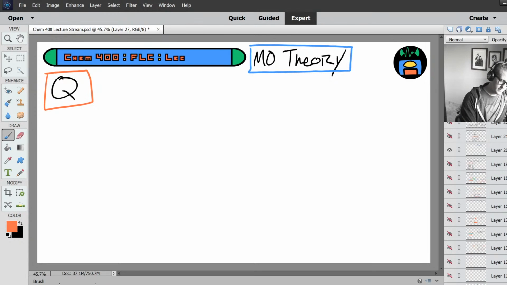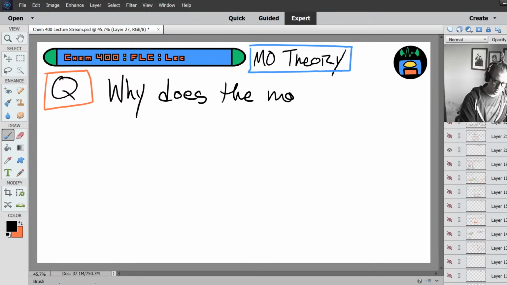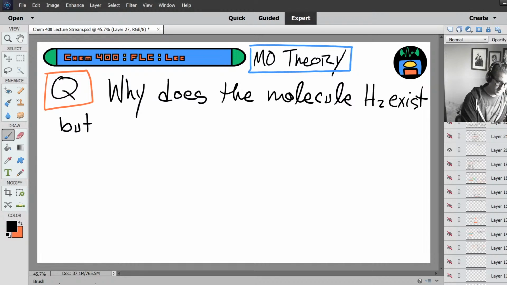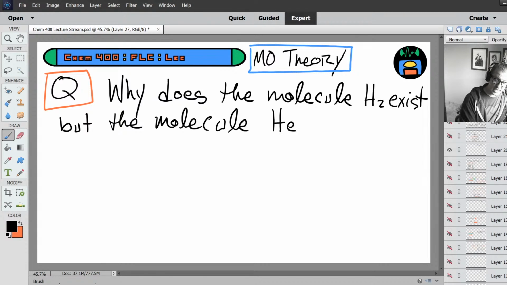But here's the question. Have you ever wondered why the molecule H2 exists, but the molecule He2 does not?